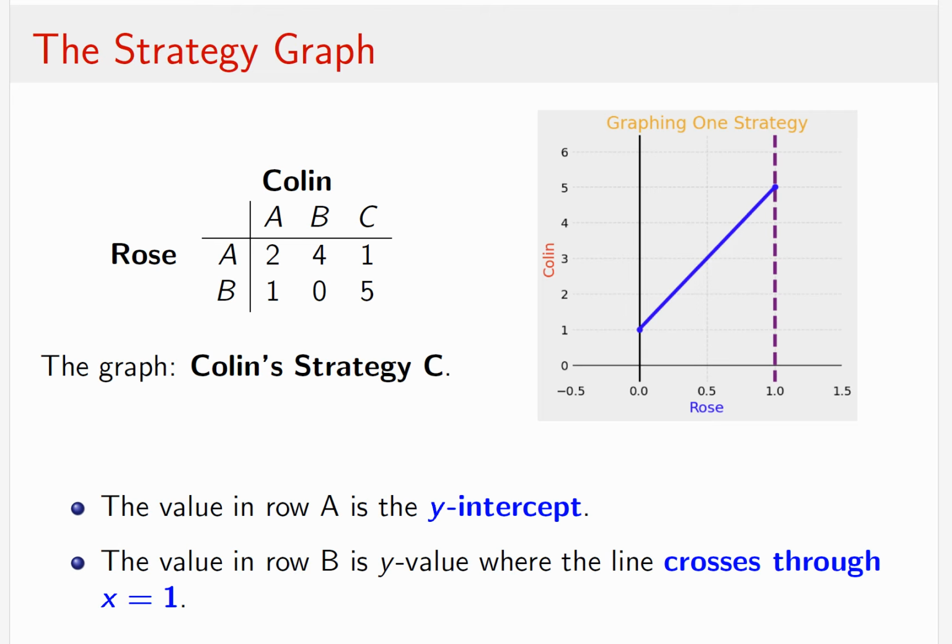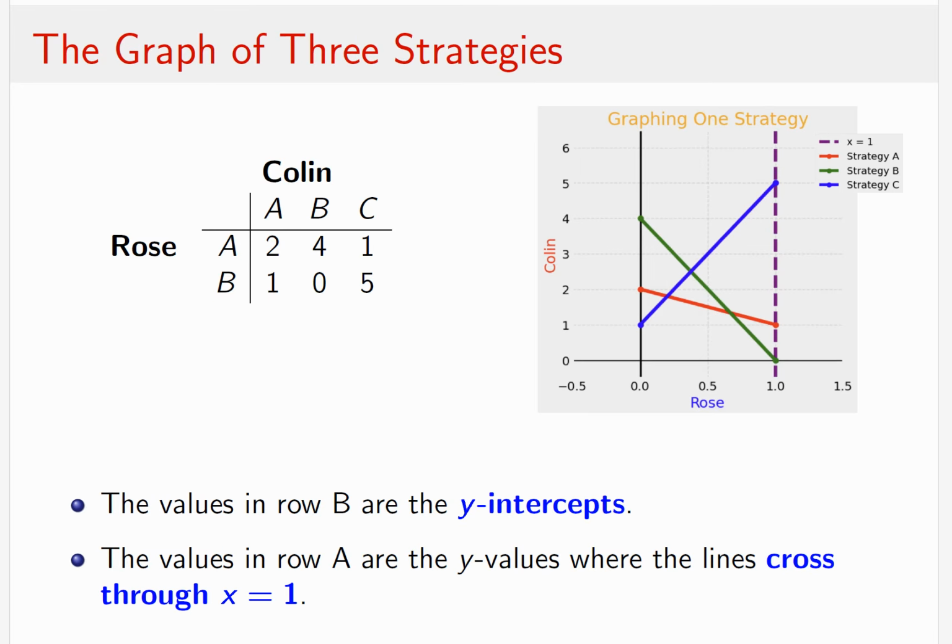Graphing this one strategy again and making the points: the value from strategy A, the value of 1, goes here on the y-intercept. Where I go through the line x equals 1, that's where the value from row B goes. As we said, the value in row A is the y-intercept, and the value in row B is where the line crosses through x equals 1.